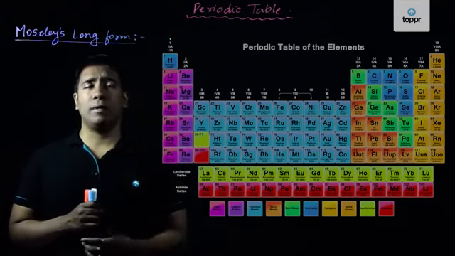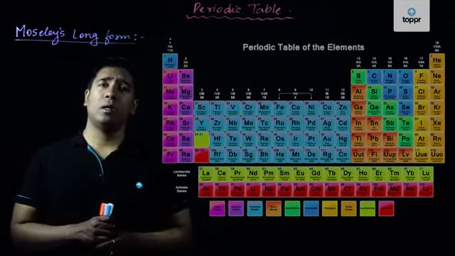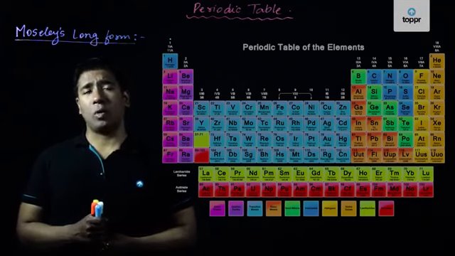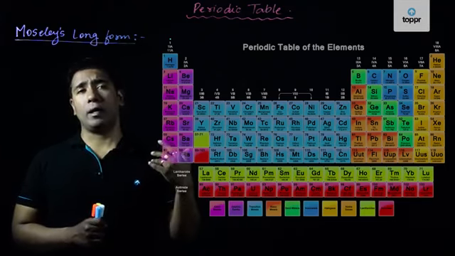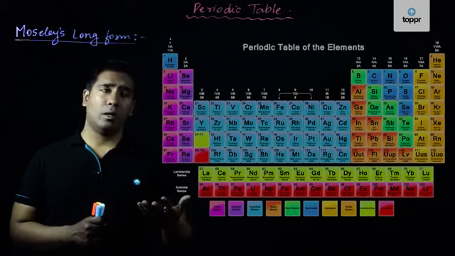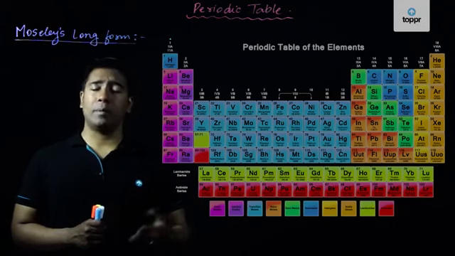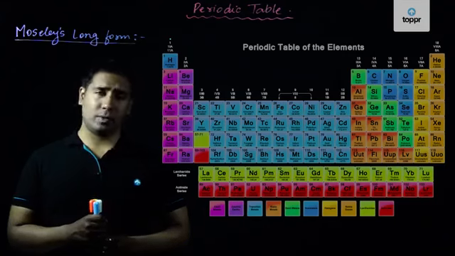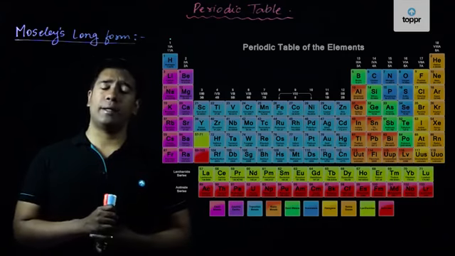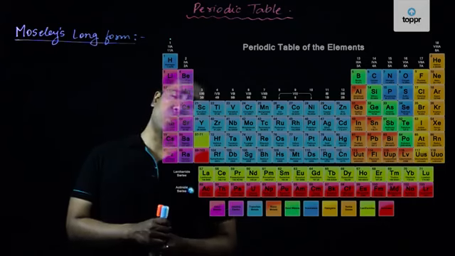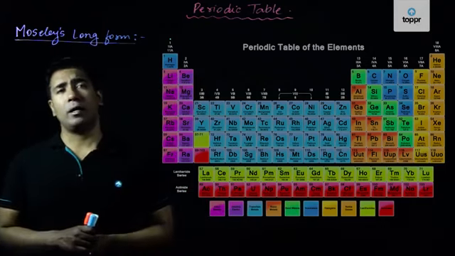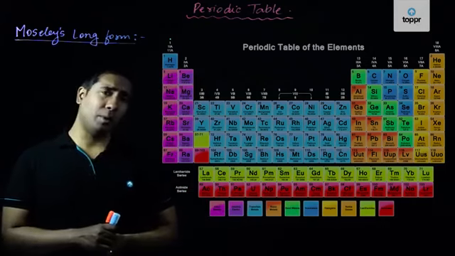So when the long form of the periodic table was given, we had a total of 94 naturally occurring elements represented in the periodic table. We also had other elements after uranium, called transuranic elements, which were artificially or synthetically prepared.